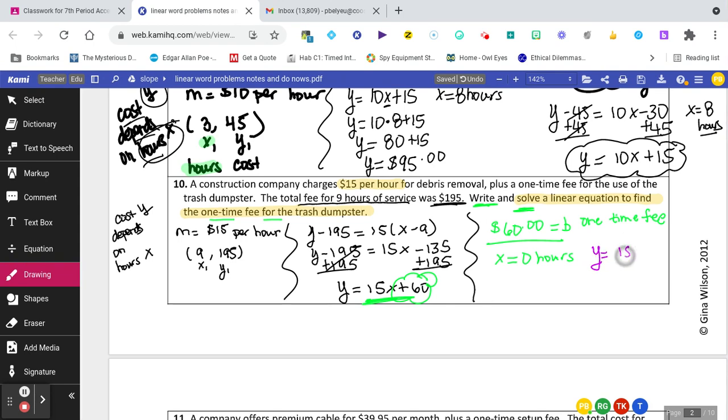So I could say y equals 15 times 0 plus 60. Anything times 0 is 0, so y equals $60. That's what you pay initially, guys. That's your initial value.